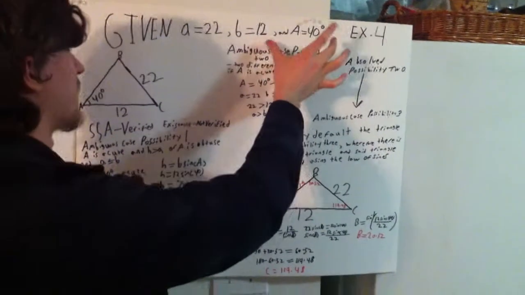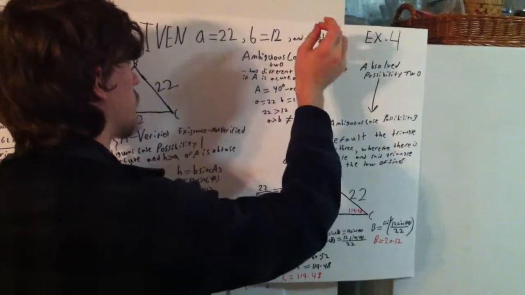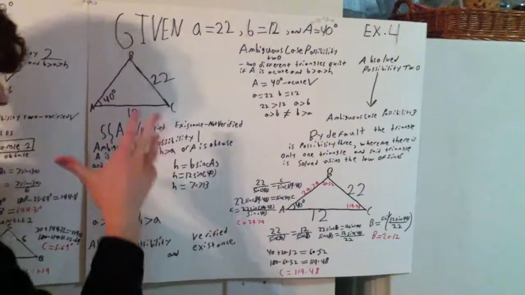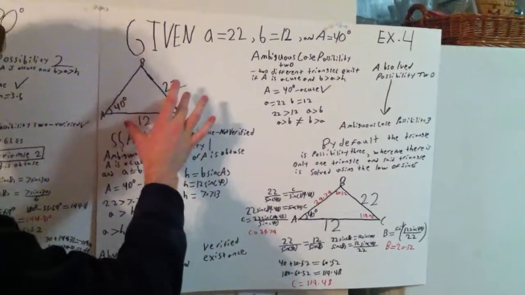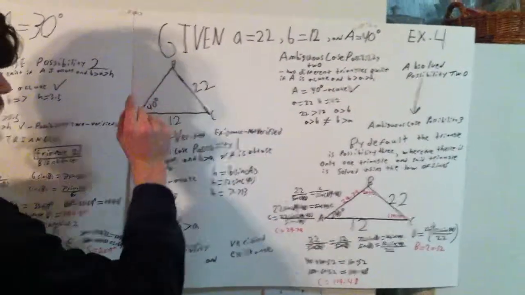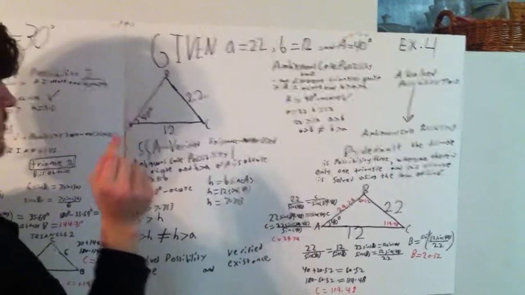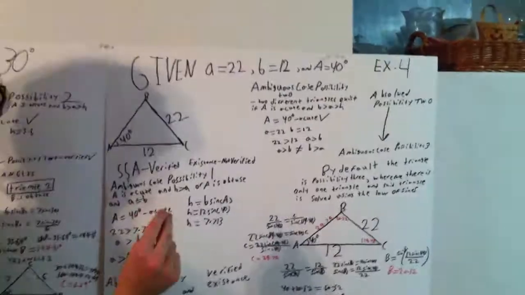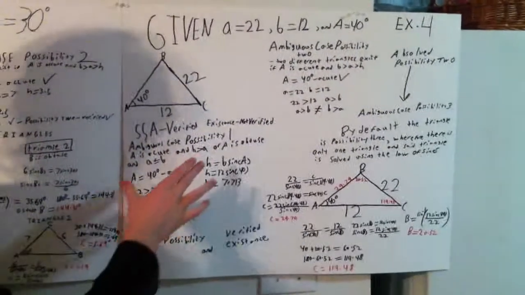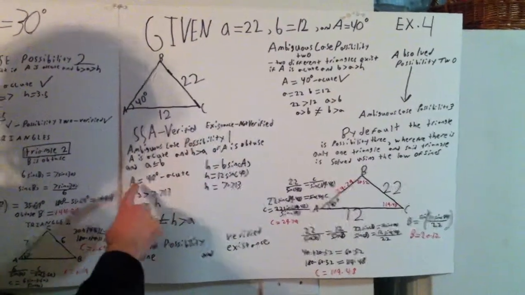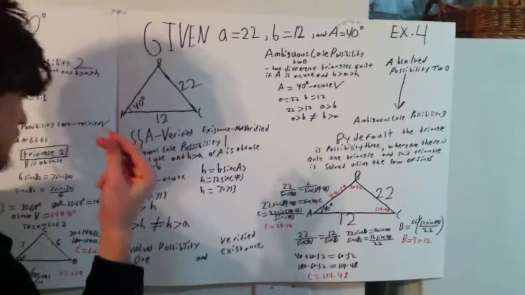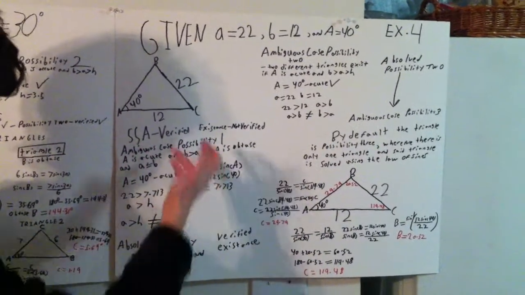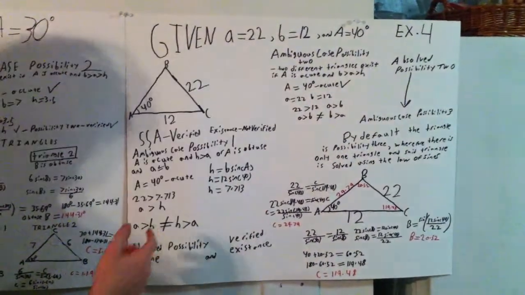So our final example, given that the side of A is 22, that the side of B is 12, and that angle A equates to 40 degrees. So we're given two sides and an angle that corresponds with one of the given sides. So we verify this as a side-side-angle. So for possibility 1, angle A is 40 degrees, which is acute, which meets the first of the criterion.